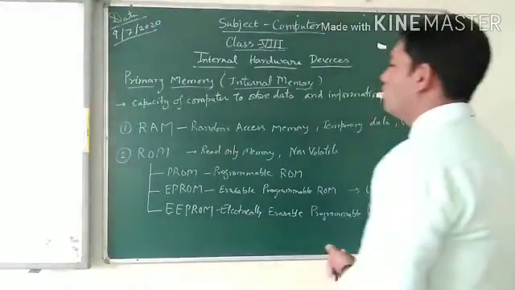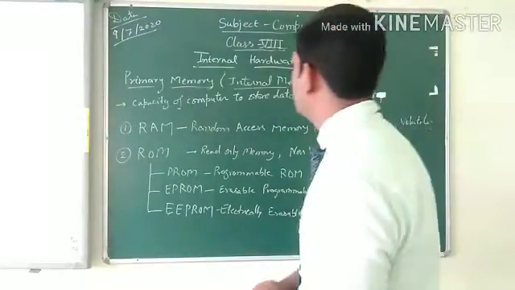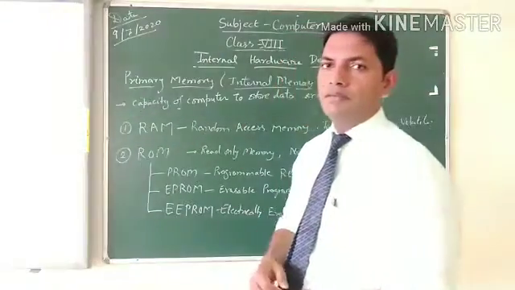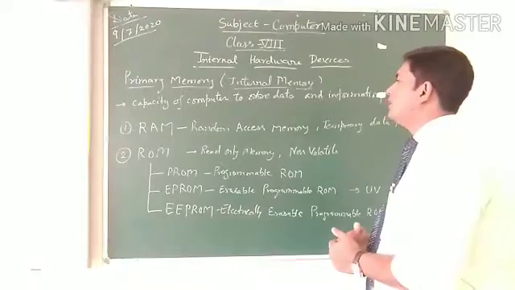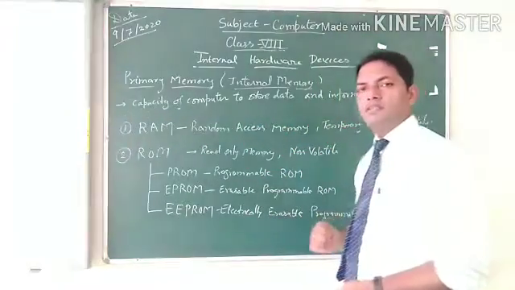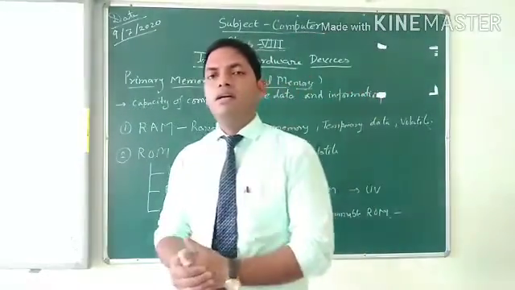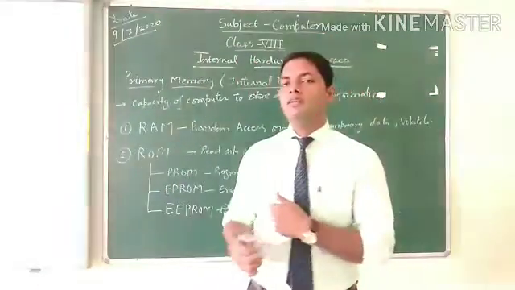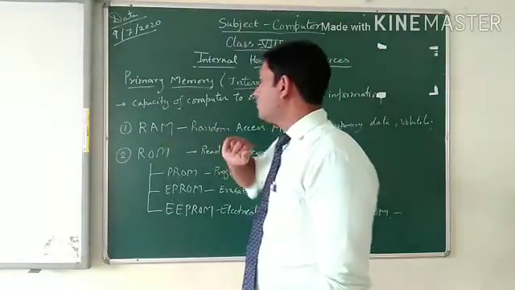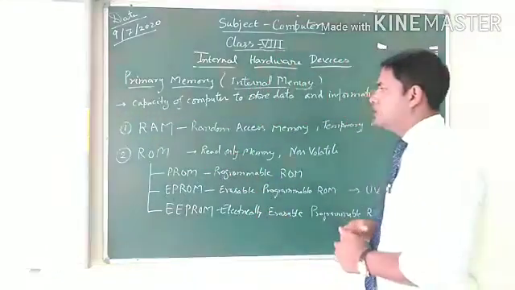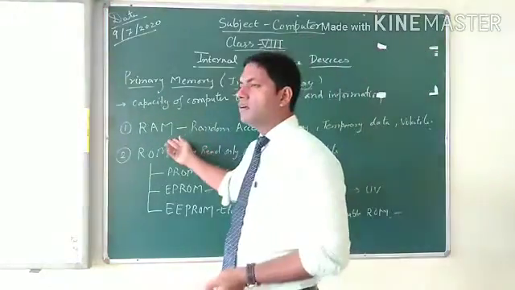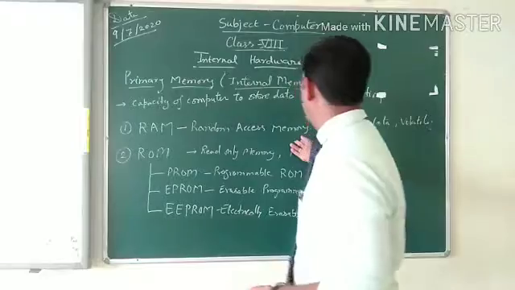Now let's talk about the primary memory, or the internal memory. What is memory? It is the capacity of the computer to store data and information. Two types of primary memory are available in the computer, that is RAM, random access memory.